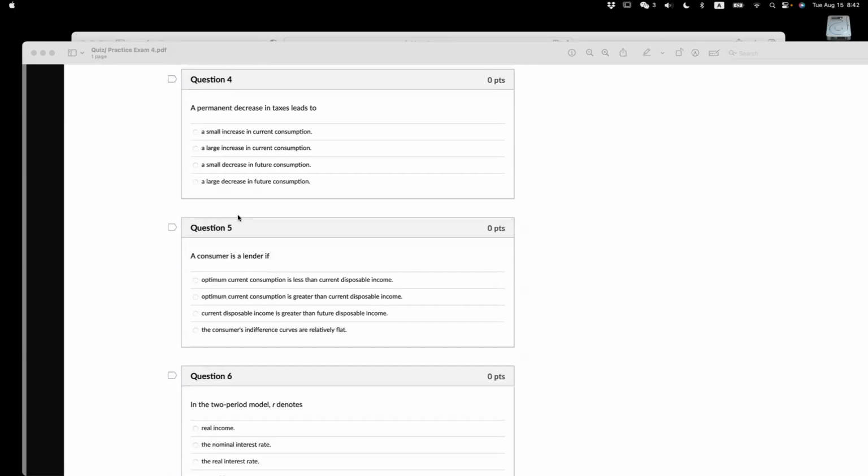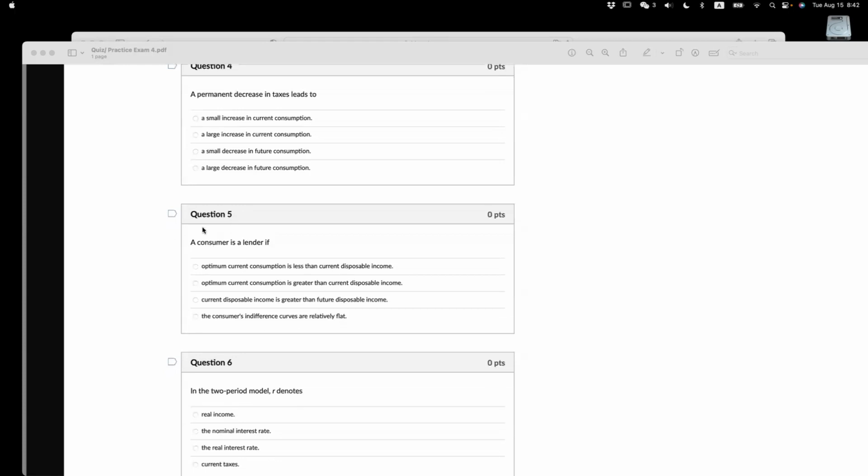Question 5: a consumer is a lender if optimal current consumption is less than current disposable income. It's pretty clear: you consume less than you are endowed with. Let me redraw this.